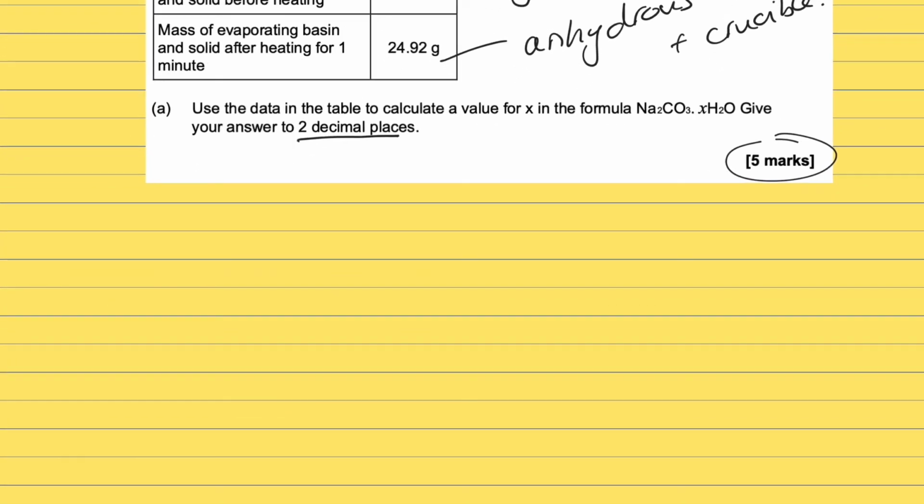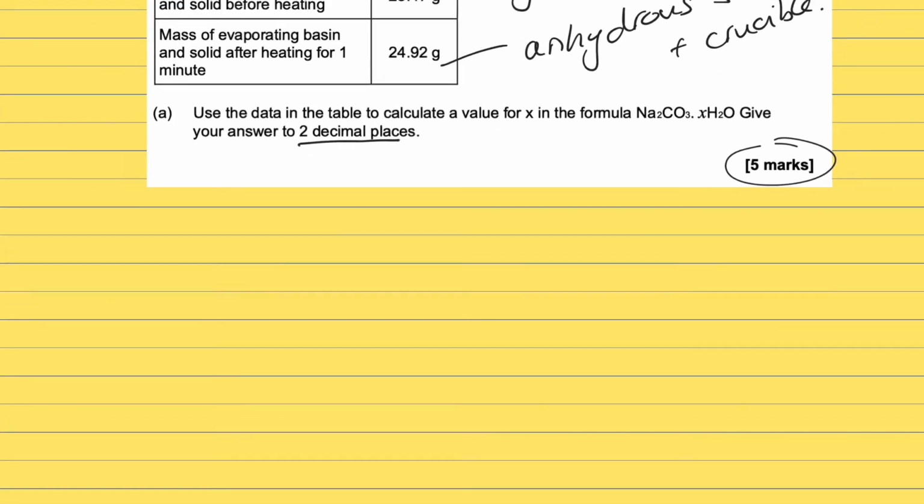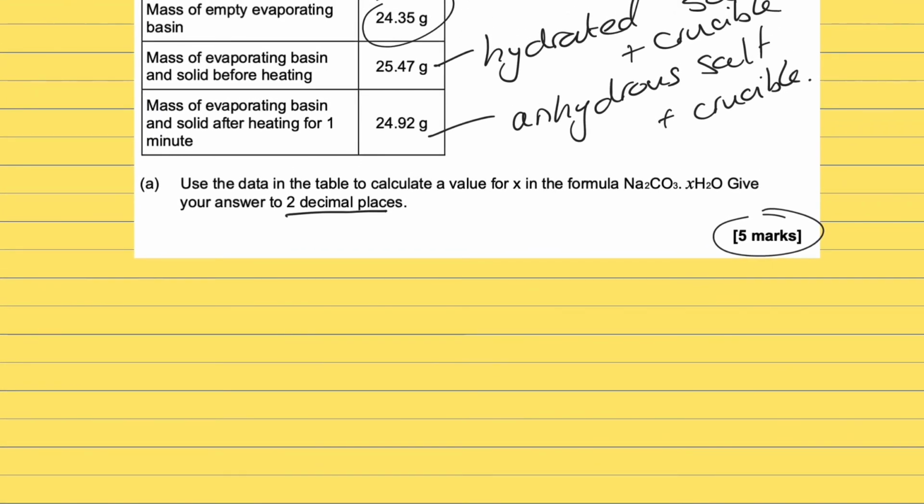Okay, so first thing we need to do is we need to work out the masses involved. So we know the mass of the empty evaporating basin is 24.35 grams.